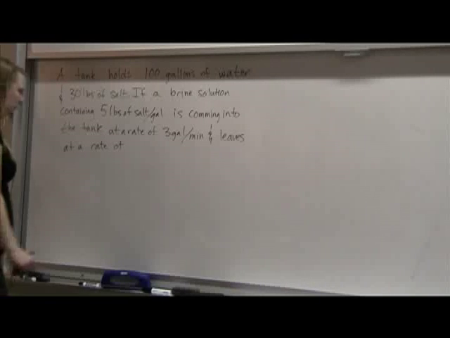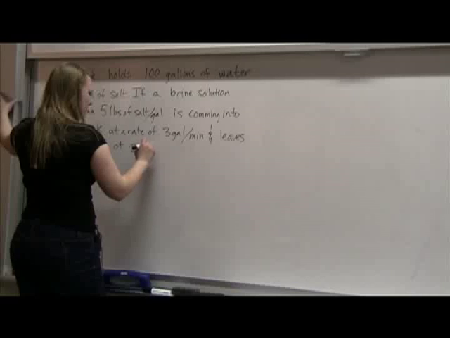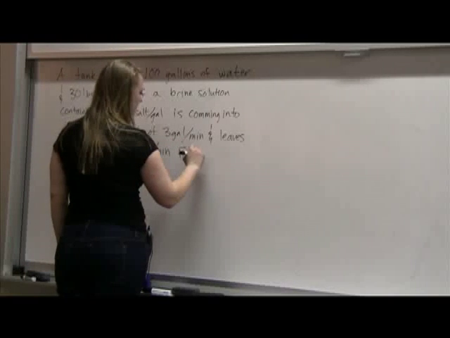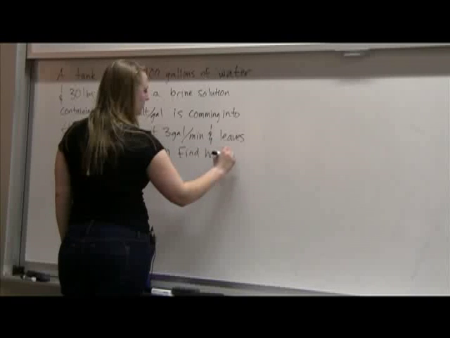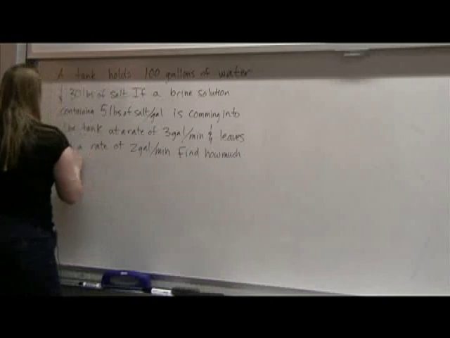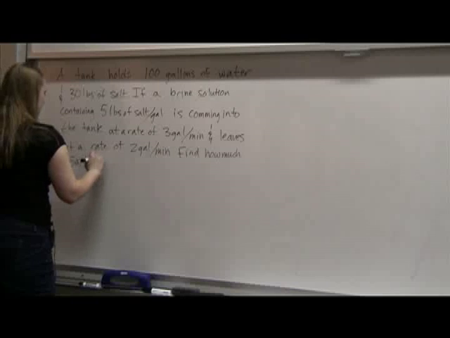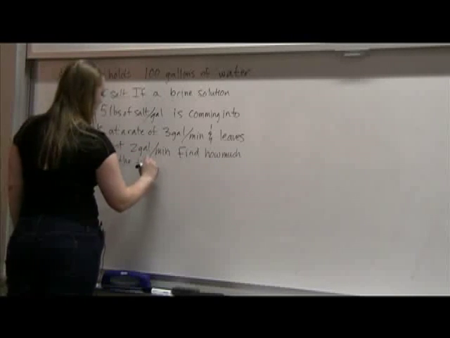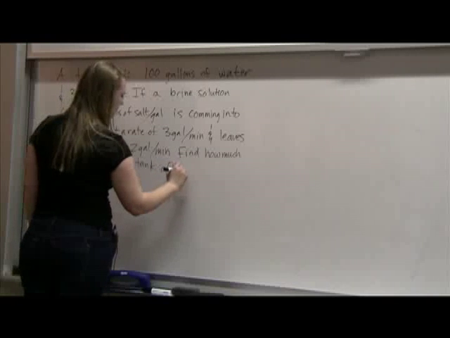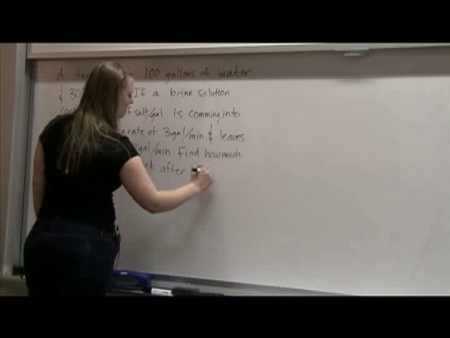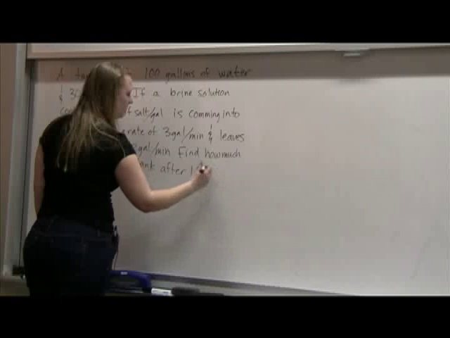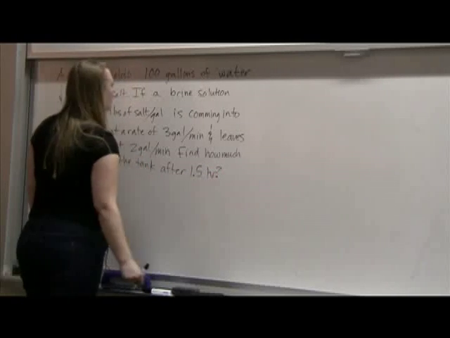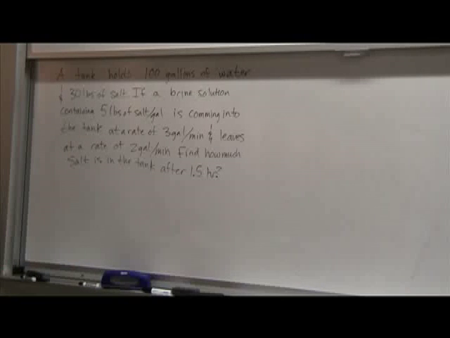This is the hardest kind. 2 gallons per minute. Find how much salt is in the tank after 1.5 hours. Okay, let me clarify a few things. That is very complex. You can handle it.